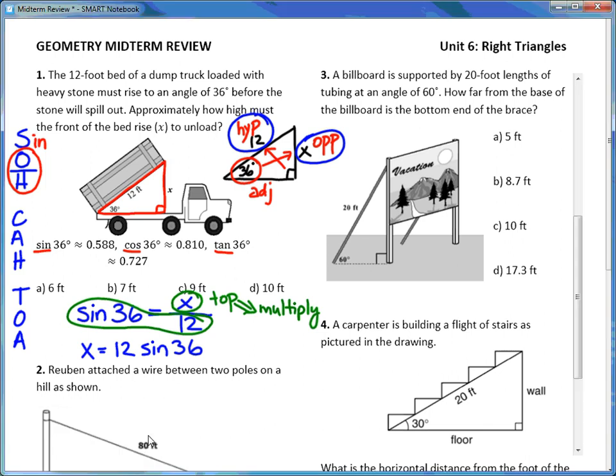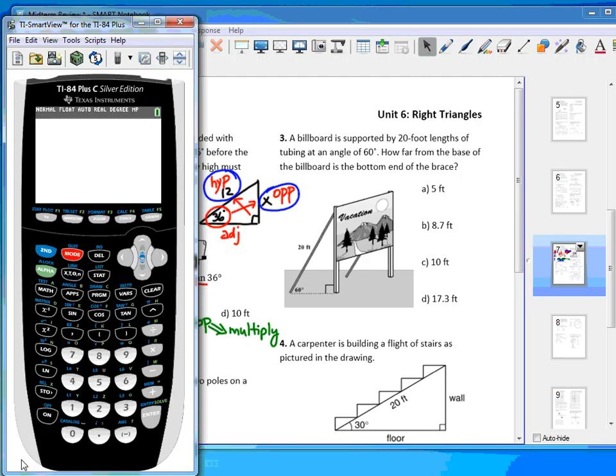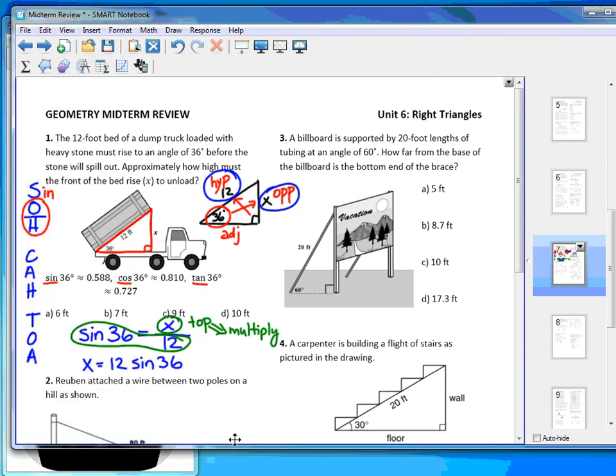And now I'm going to go over to my calculator, which I have up in the background. And I am going to put in 12 sine 36, enter. And I get 7.05 something. So I come back over to here.